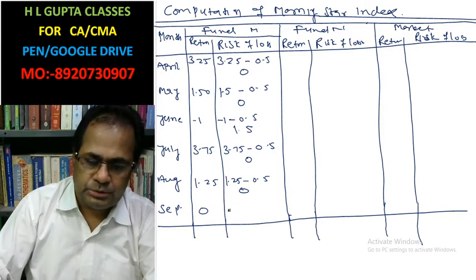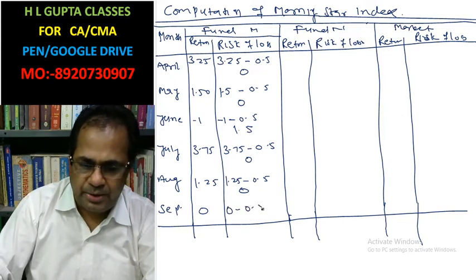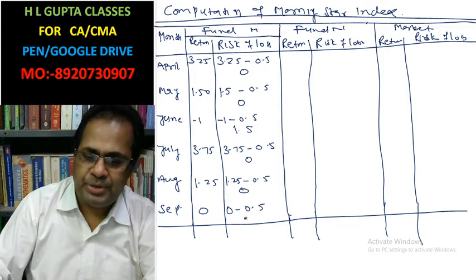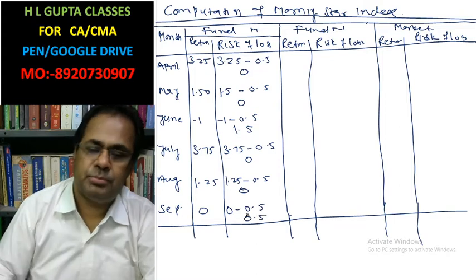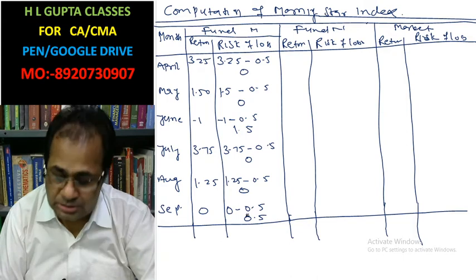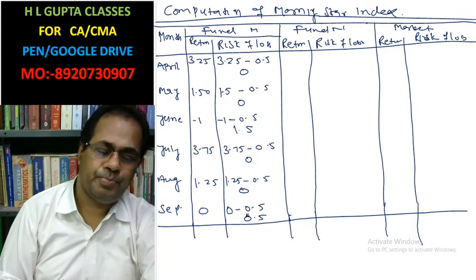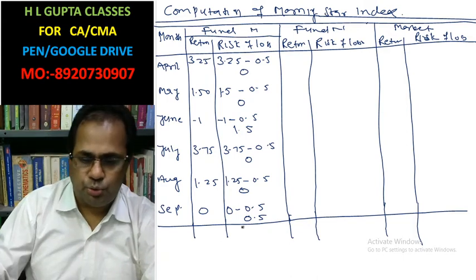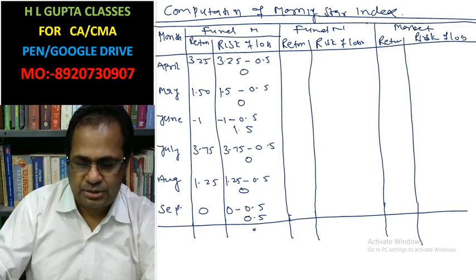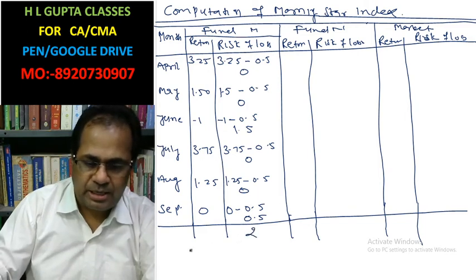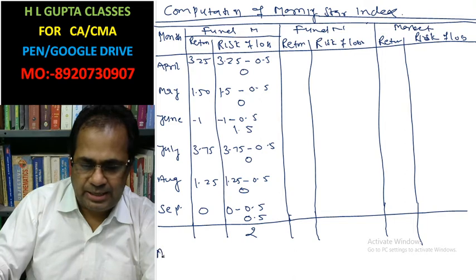Now 0 minus 0.5, risk of loss is 0.5. In the case of negative, risk of loss is taken as the numerical value. This is the 2. Total sum is 2. And the average is then calculated.